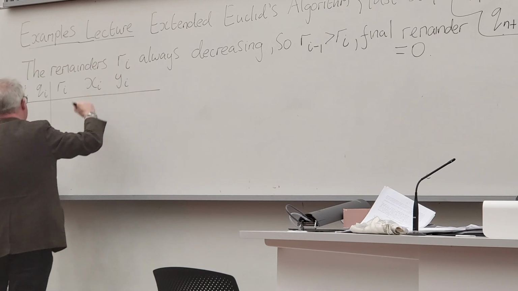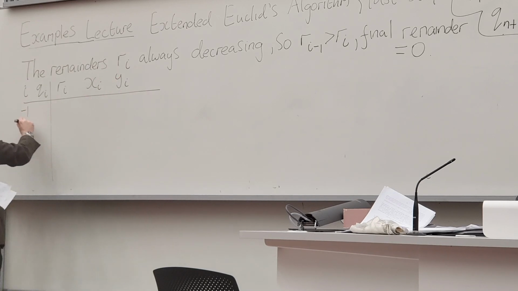And your quotient in the last step has to be at least 2, because the remainders are always decreasing.